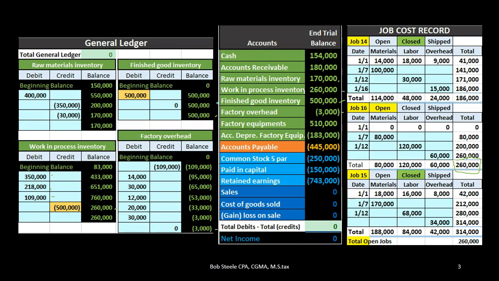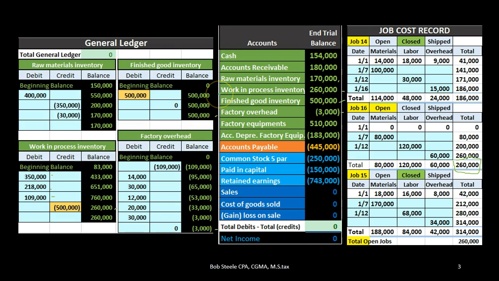Imagining the process of inventory starting at raw materials, moving to work in process and factory overhead, ultimately going to finished goods, that inventory then ready for sale. When sold, it moves from finished goods to the expense account of cost of goods sold.